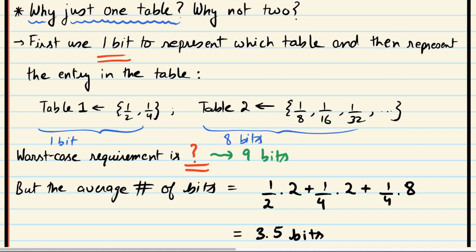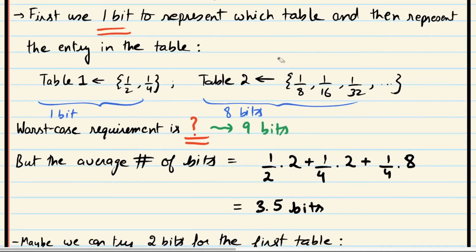In fact, for all these symbols in table 2, I end up using many more bits than the simple 1 byte, 8-bit representation. However, collectively their probability is very small, just 1/4. So I pay extra here. Sorry, I think this calculation is not correct, but its conclusion is correct.